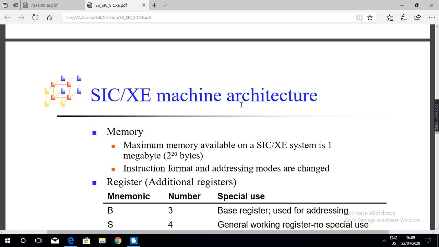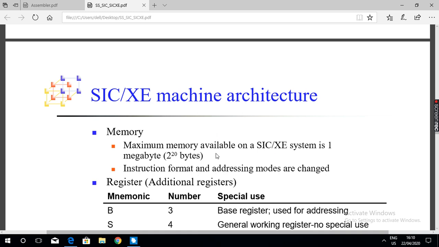The first component is memory. SIC/XE has 2 raised to 20 bytes, which is equal to 1 megabyte of memory.